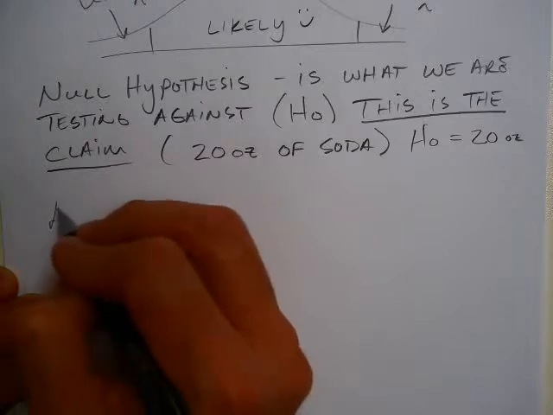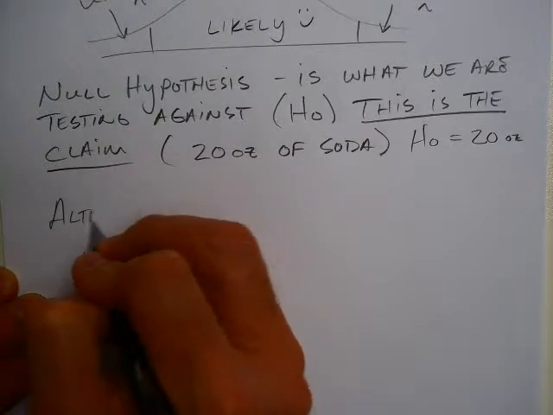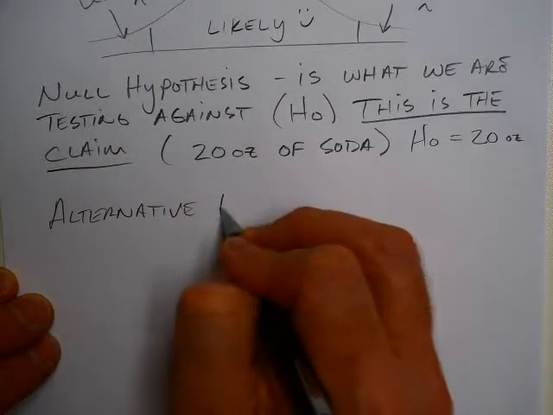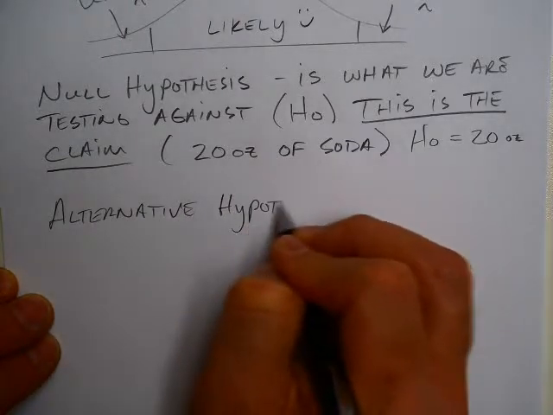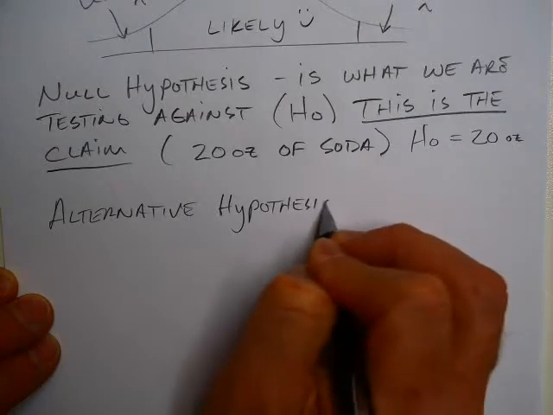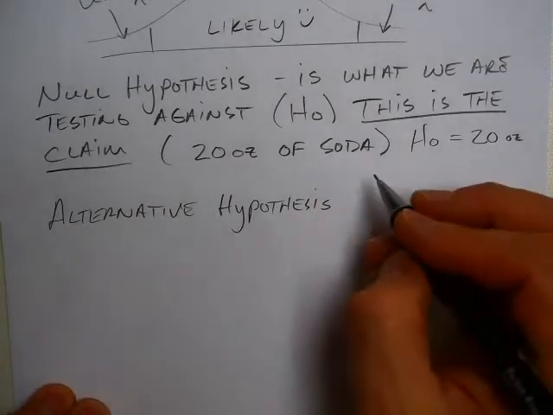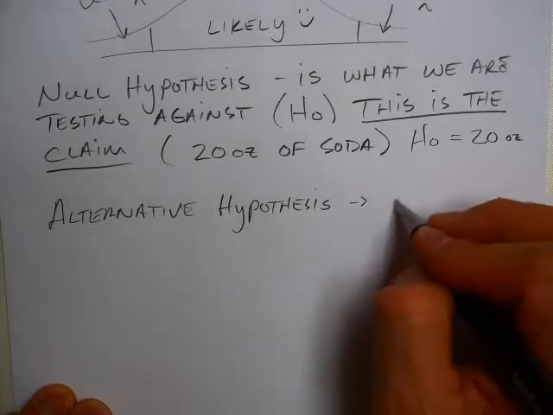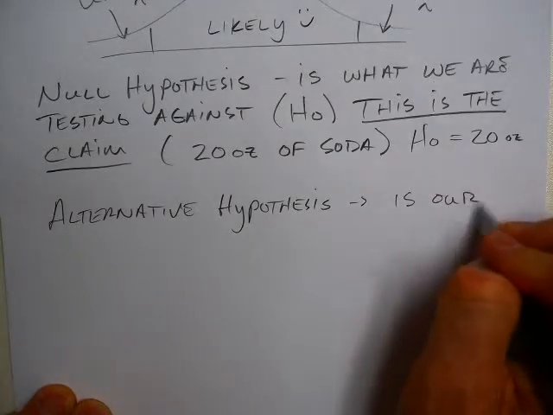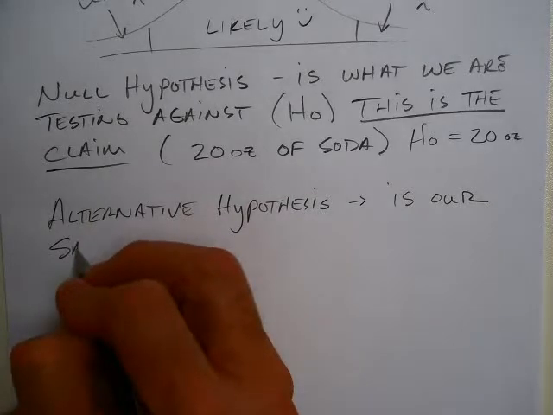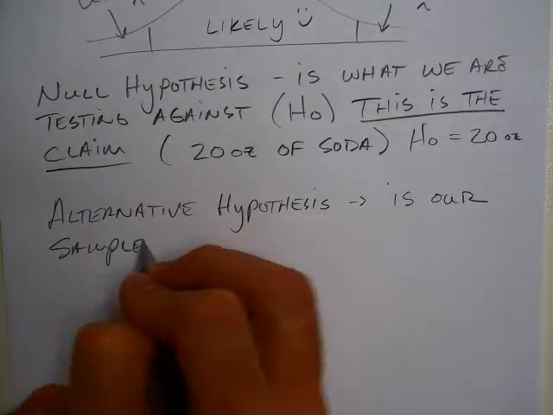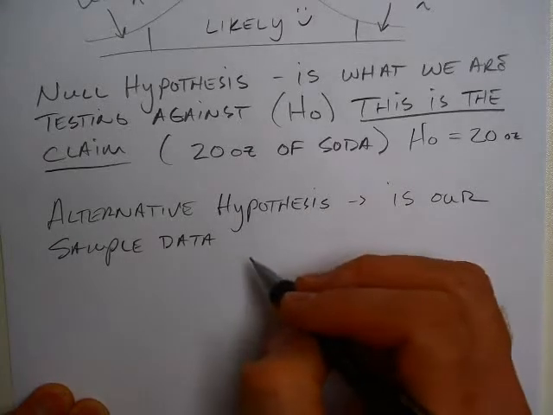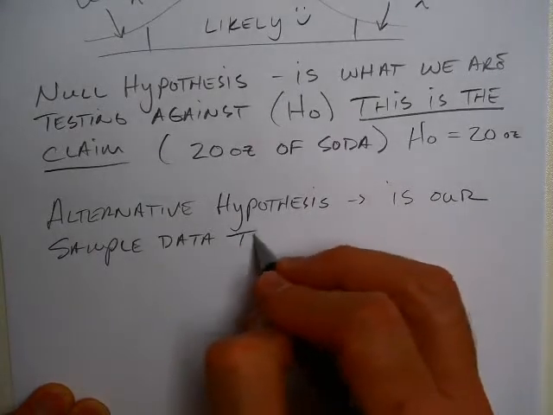So my alternative hypothesis is our sample data that may contradict the null.